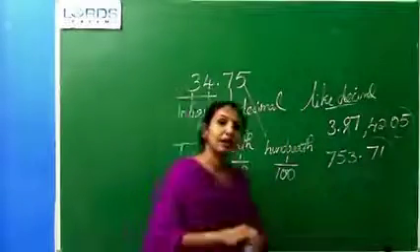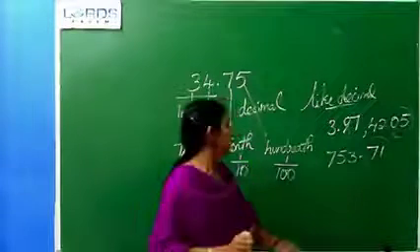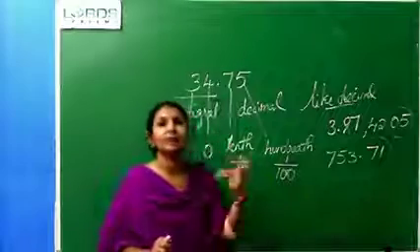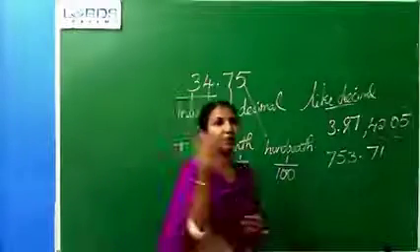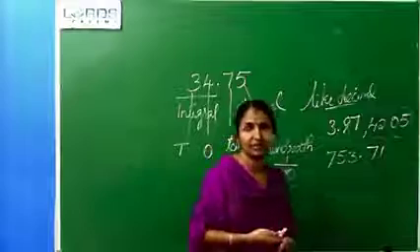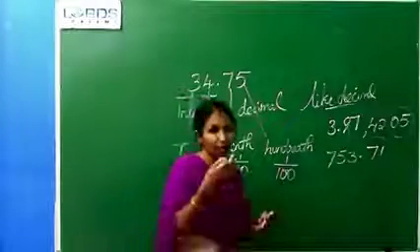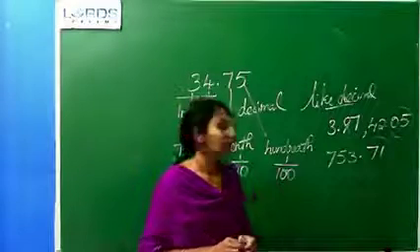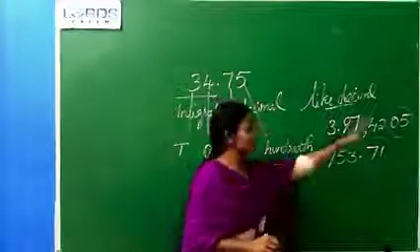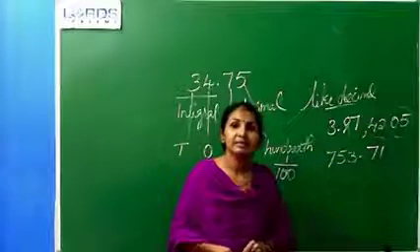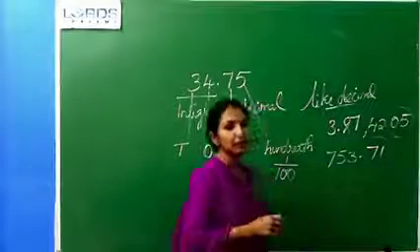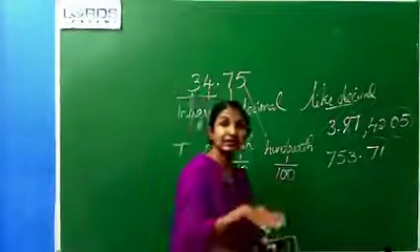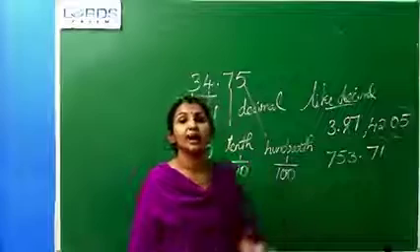So what will be unlike decimals? After the decimal, if they have different numbers of decimal places. One may have 1 after the decimal, another may have 2 or 3, and it may go on. So they are called unlike decimal numbers, and if they are the same, they are called like decimal numbers. And we can convert unlike decimal numbers to like decimal numbers.